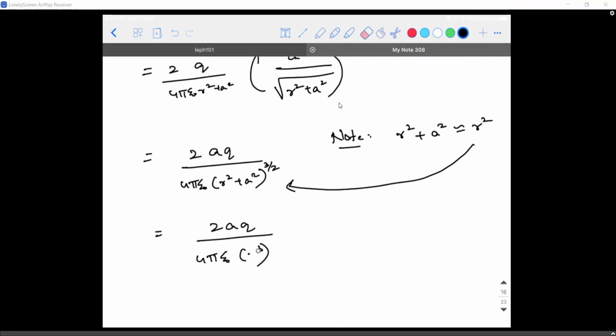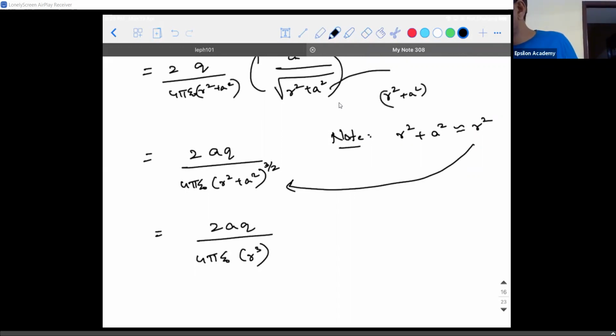So how did you bring the power as 3 by 2, sir? R square plus a square power 1 times r square plus a square power half is r square plus a square the whole power 3 by 2.